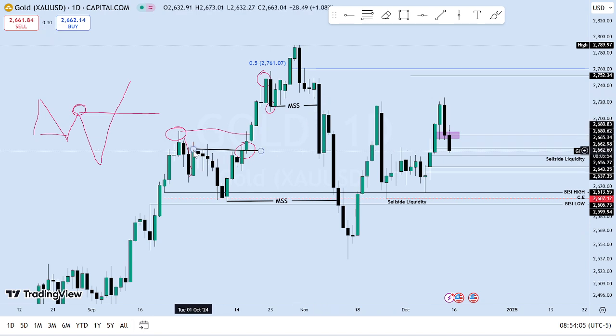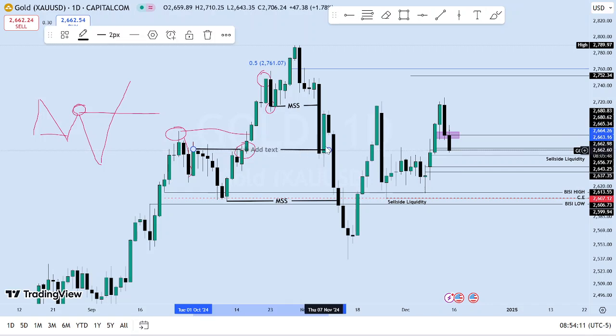Where did we go to? Traded to the breaker. The breaker over here acting as a support level, discount. Trading from premium to discount, from discount to premium. This inefficiency here, there is an inefficiency.